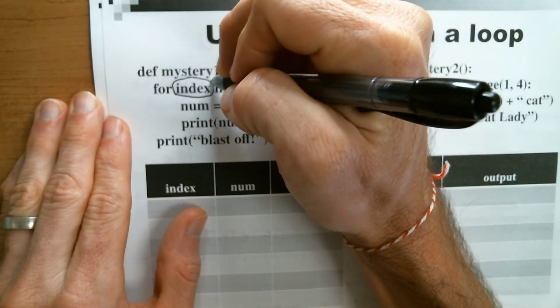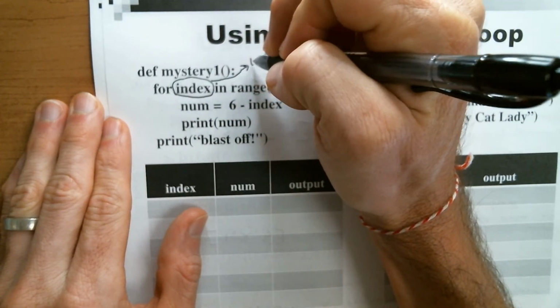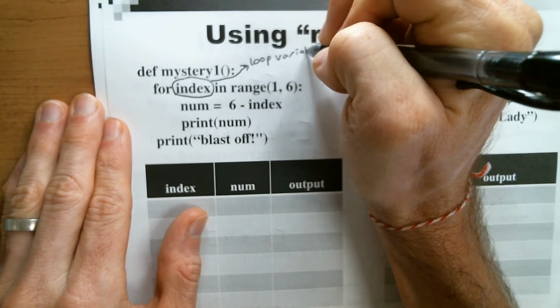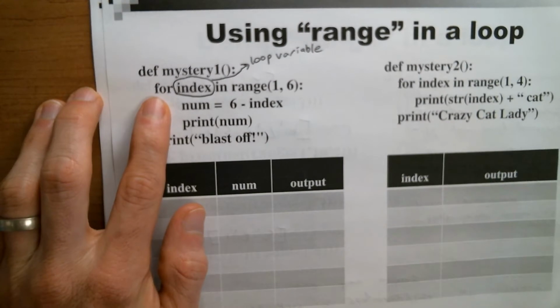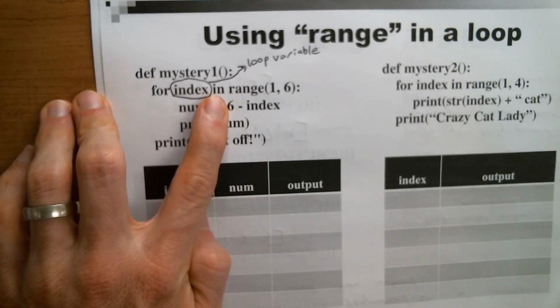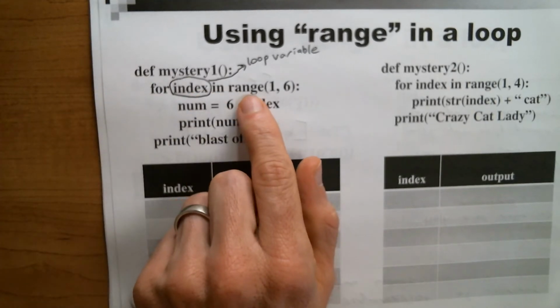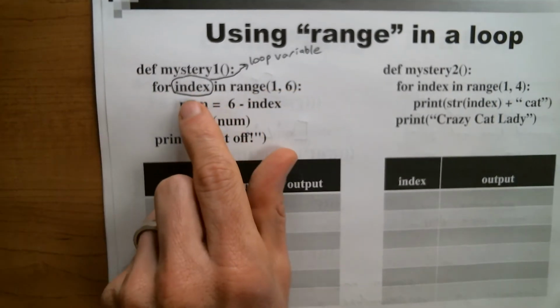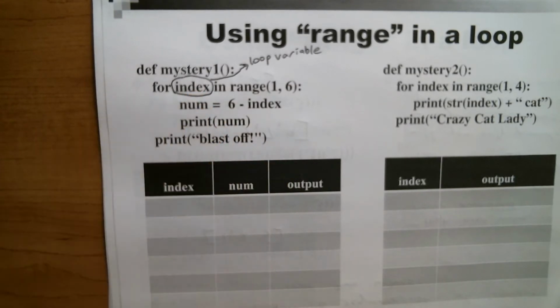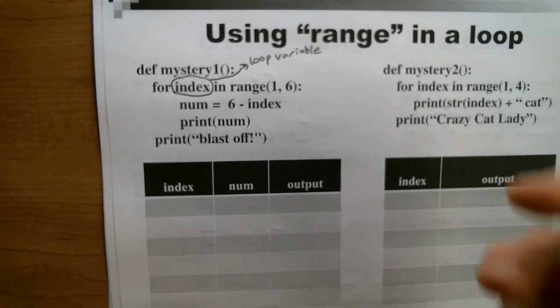This is just our loop variable. For is a special word that has to be there. In is a special word that has to be there. We just learned about range, but remember, index is our loop variable. It didn't have to be called index there. That was just the choice for this sample code that we're looking at.